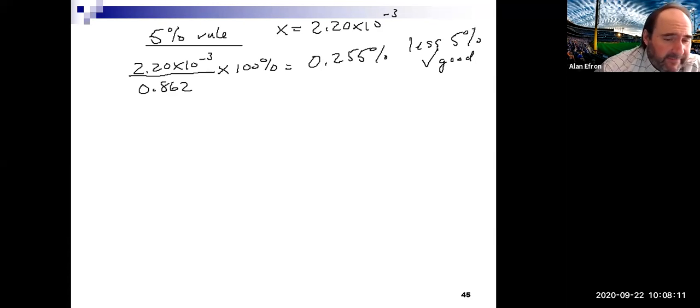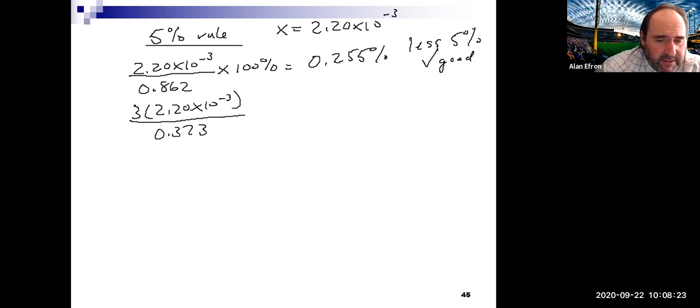You could actually do it for both. In my experience, if it's good on one, it's probably good on both, but you technically could take, say, 3 times 2.2 times 10 to the minus 3 and divide it by 0.373 times 100%. And you will not get the same answer, but you'll get the same answer in terms of it should be okay.